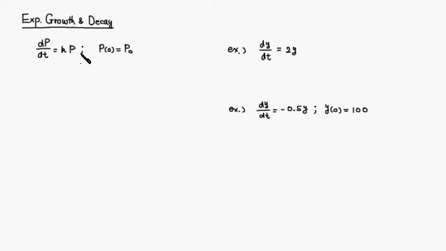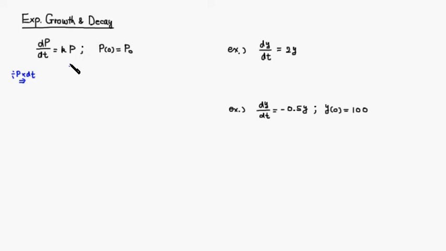We can solve this equation, and this is called a separable equation, since we can separate the variables, all the p's on the left and all the t's on the right. Let's do that. First, we divide both sides by p and multiply both sides by dt.